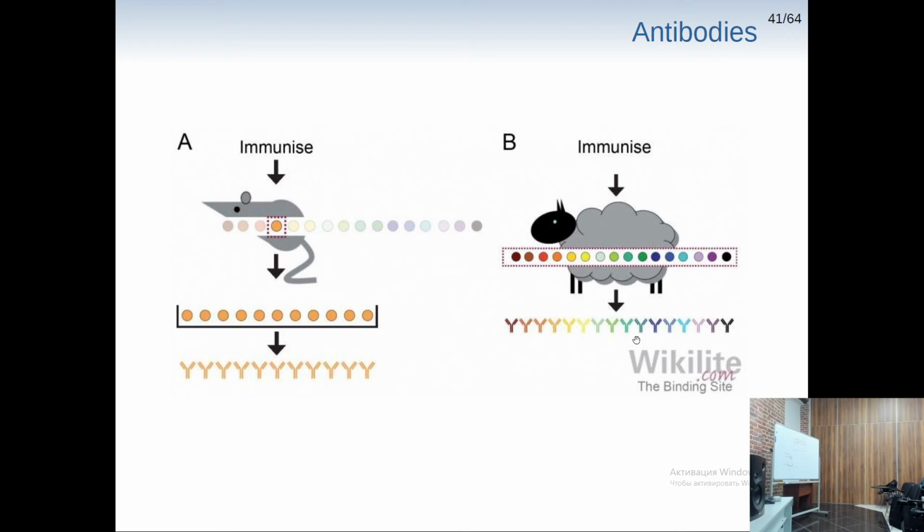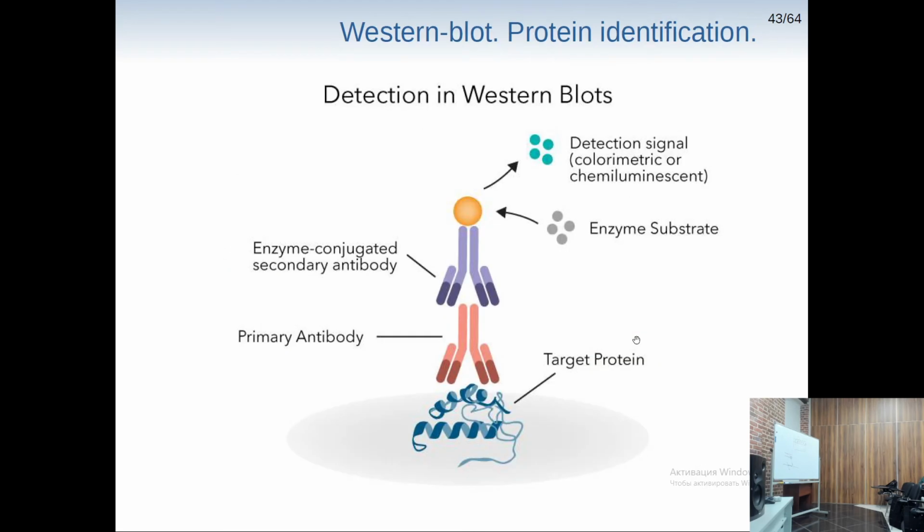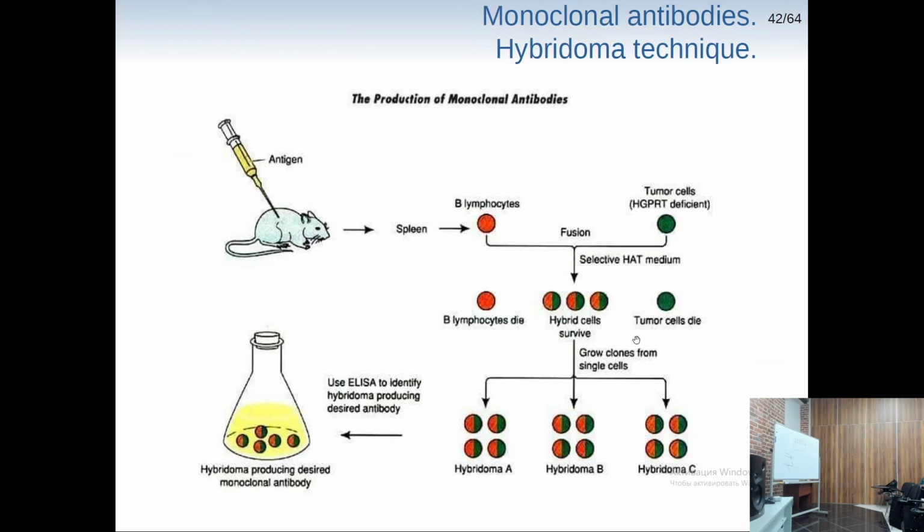Monoclonal antibodies are usually mouse antibodies, and they are made this way. We have some lymphocytes from spleen, and of course, one lymphocyte produces only one type of antibodies, right? I mean, one clone of antibodies, of course, not a type.